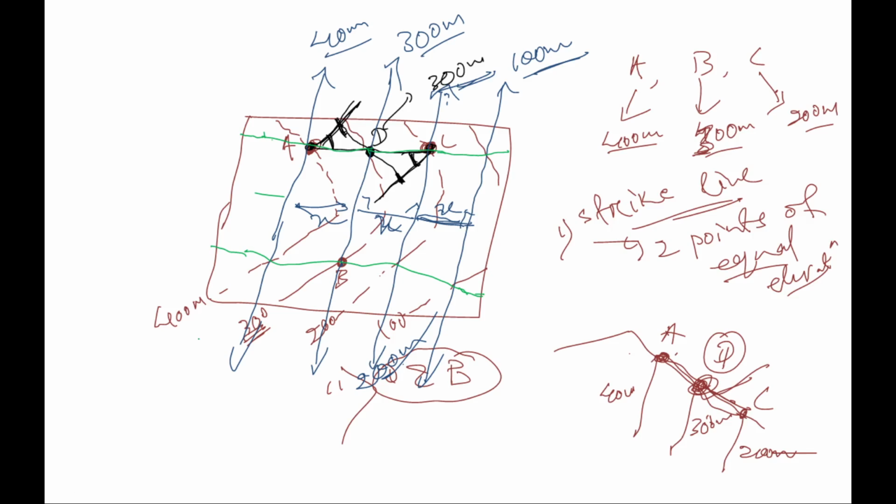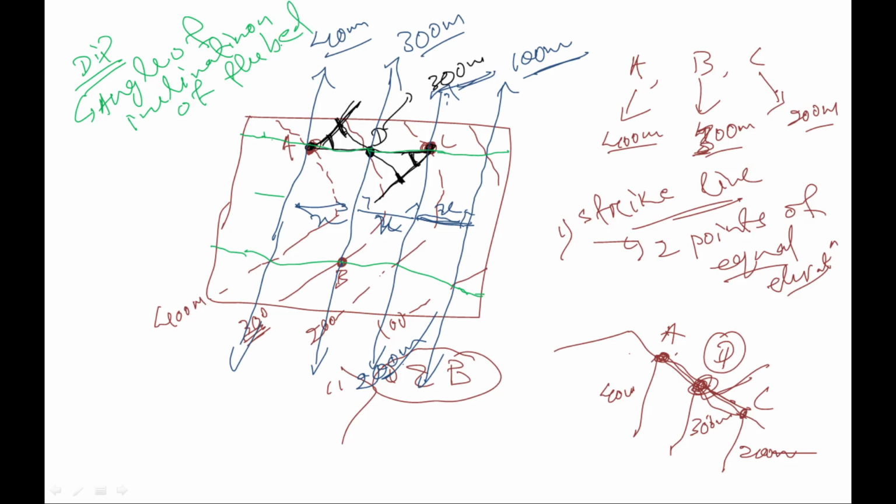So how to find out dip here? Dip is nothing but the angle of inclination of the bed. So how to find out the angle of inclination of that bed?